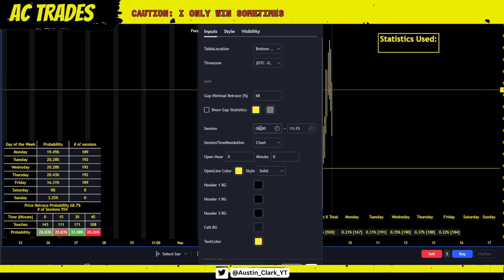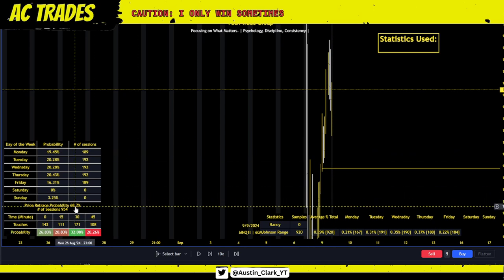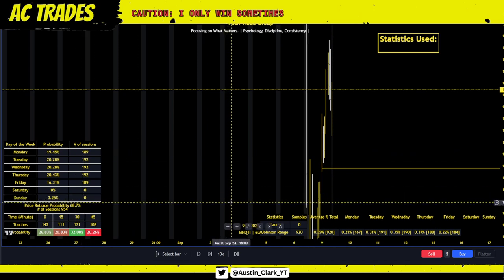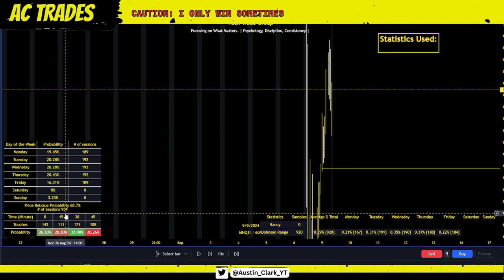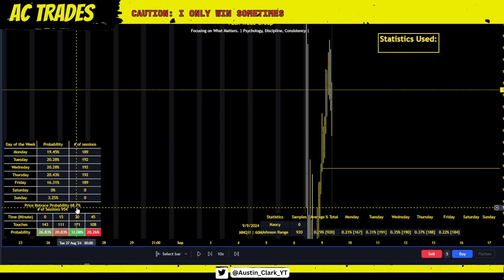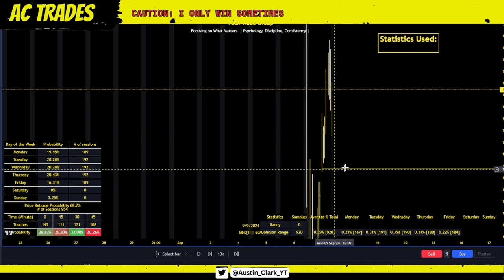If I double click in here, starting from 8 to 11:15, we have a 65 to 68% probability of retracing to midnight. And specifically here, in the past 954 days from Monday last week, we had a 68.7% probability, meaning out of 954 days, we have retraced 68.7% of the time back to the midnight open, New York midnight open.